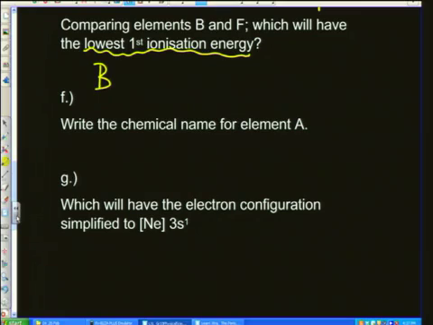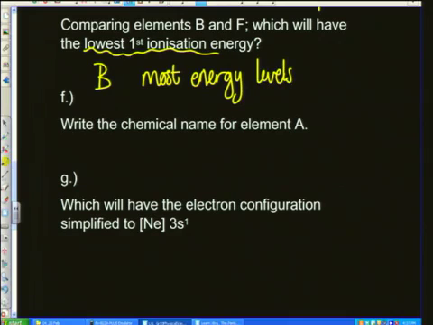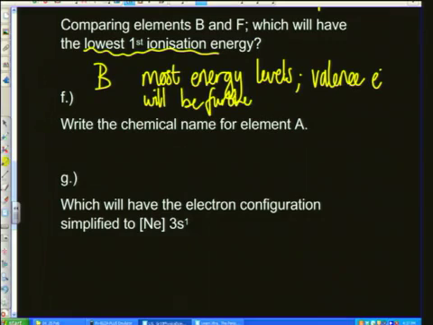Well, because it has the most energy levels. And so your focus here is that the valence electron will be further away from the nucleus, which means that less energy is required to take away that one valence electron.